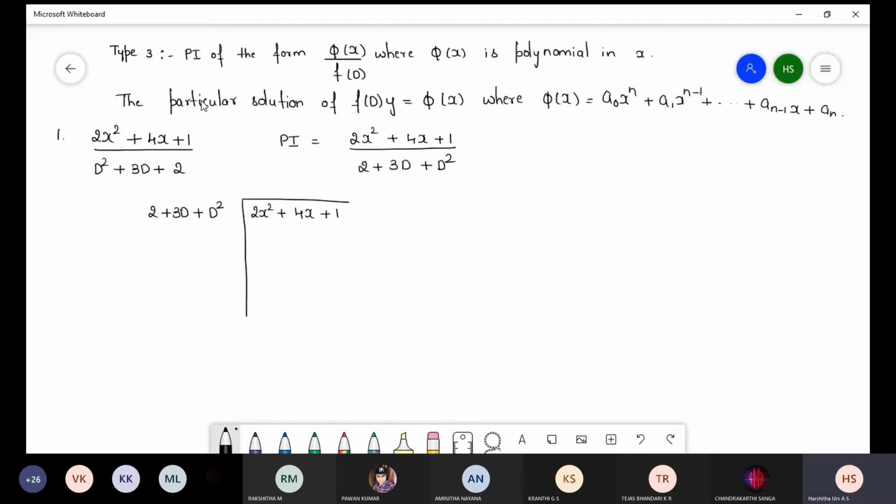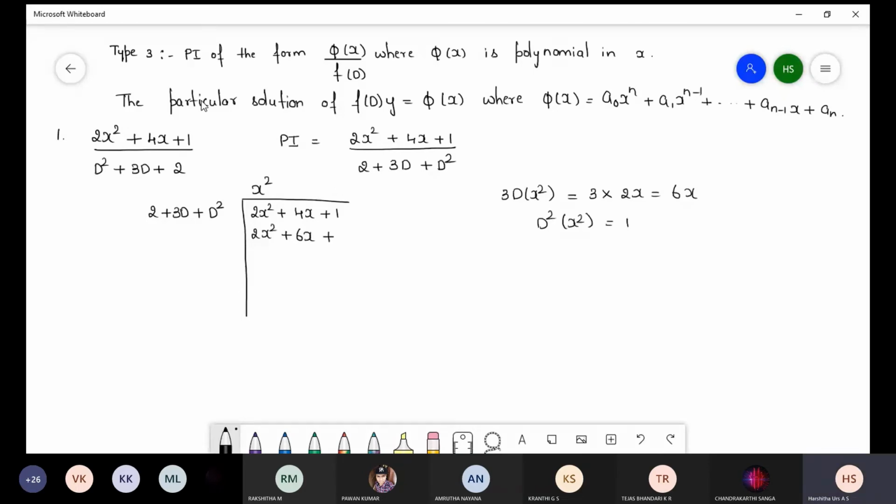So to get 2x square, for this 2 we have to multiply with x square. So x square into 2, 2x square, plus, here we can write 3D means differentiation of x square, 3 into 2x, that is 6x. So I will write here 6x plus double differentiation of x square.